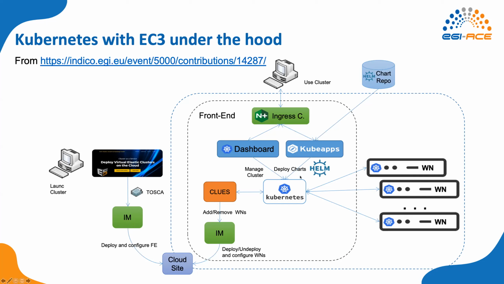And it will deploy Kubernetes, it will deploy a dashboard, these Kubeapps for making it easy to install applications from Helm. And it will also install an ingress controller so you can access the cluster from the outside world without having to expose everything to the outside world.